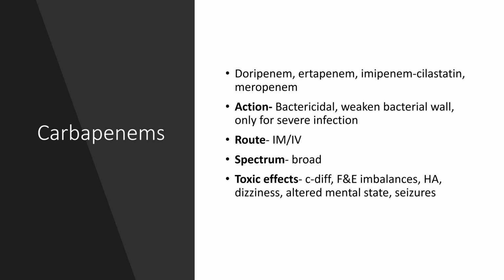So if someone comes up to your unit and they don't have that culture and sensitivity back yet, they would probably start them on meropenem, which is what's seen the most. And then they would switch that out to a more specific drug once that culture and sensitivity is back.